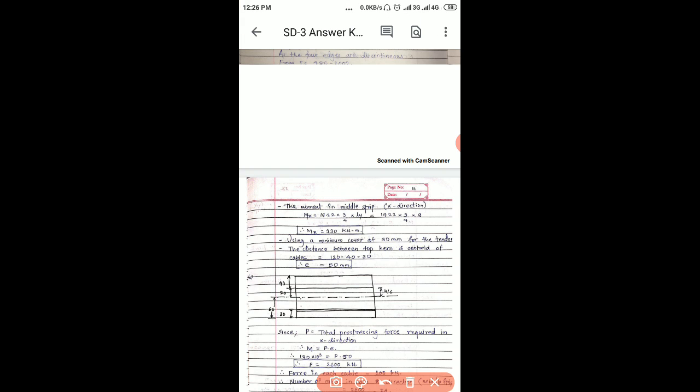We can directly take the value of alpha x and alpha y from there. Then we'll calculate the moment in the middle strip in the x direction, whatever is the load into 3 by 4th of Ly. This 3 by 4th of Ly value is 9, and 3 by 4th is for the middle strip.